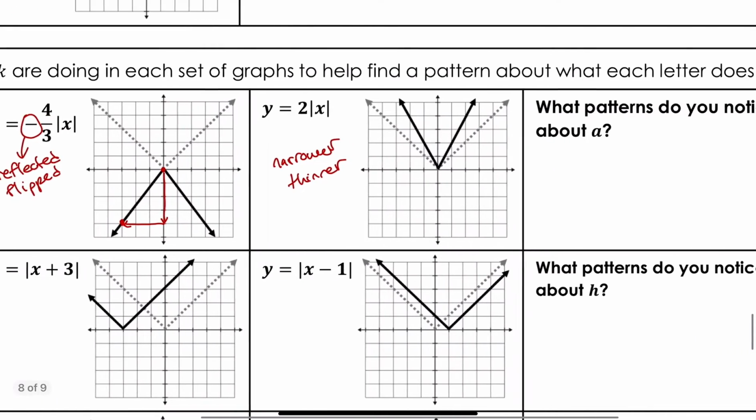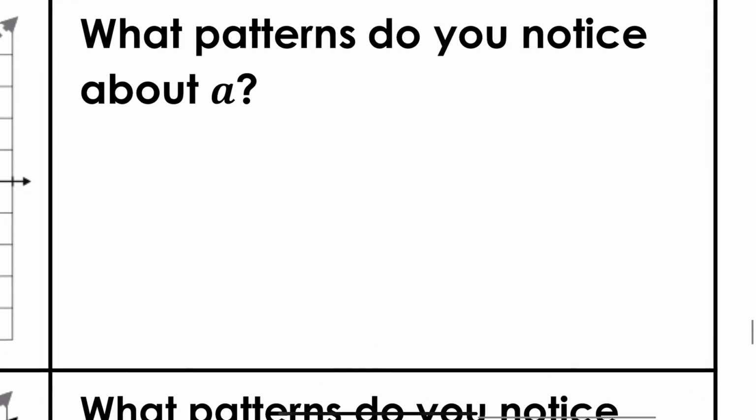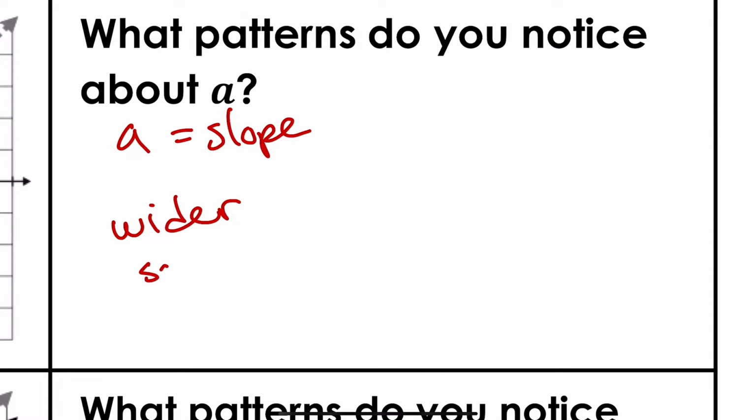So over here, that's what we're going to write. Patterns that we noticed. That A is going to be our slope. And that if it gets wider, that means it's going to have a small number as its slope. And it's going to be something big like this.